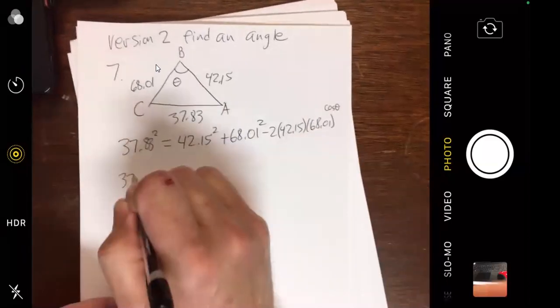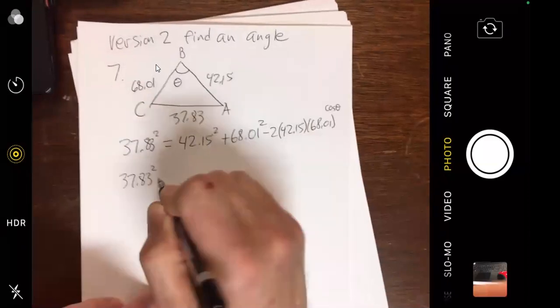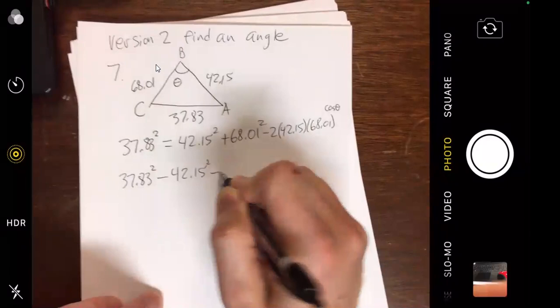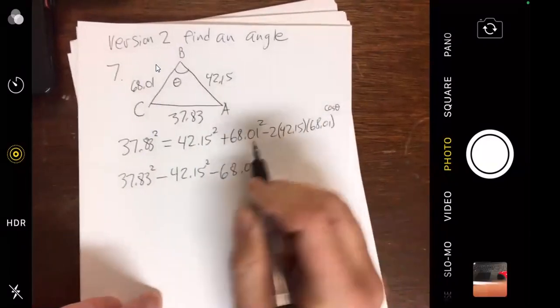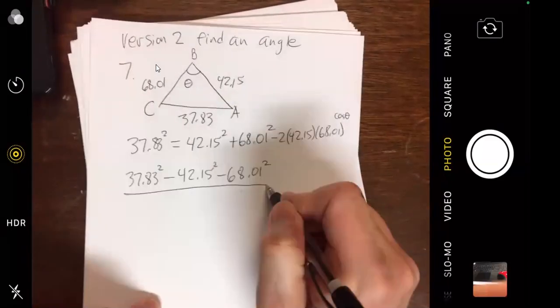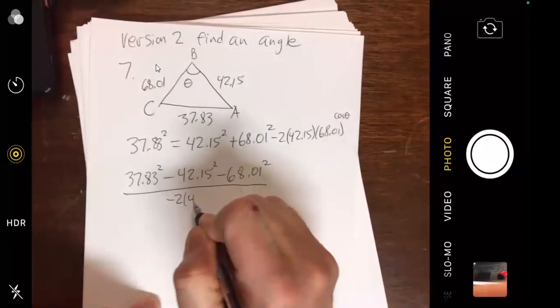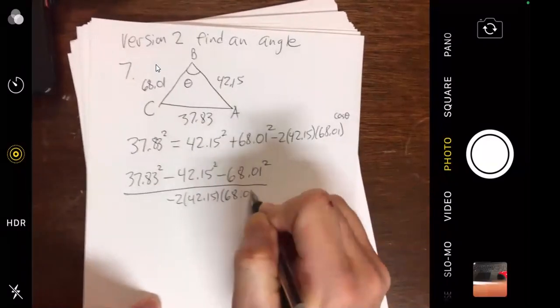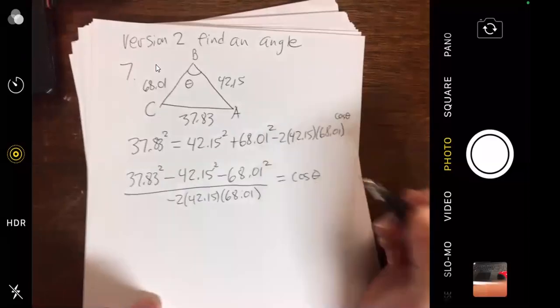So I go 37.83 squared, subtract the 42.15 squared, subtract the 68.01 squared. All right, that is moved all that stuff over. If I then divide by the negative 2 times 42.15 times 68.01, I wind up with cosine theta by itself.